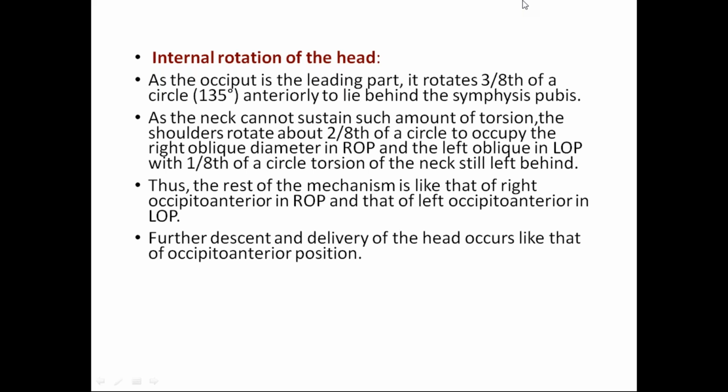That's the rest of the mechanism, like right occiput anterior. Further rotation occurs till the occiput reaches behind the symphysis pubis. Then further descent and delivery occur like that of occiput anterior position.